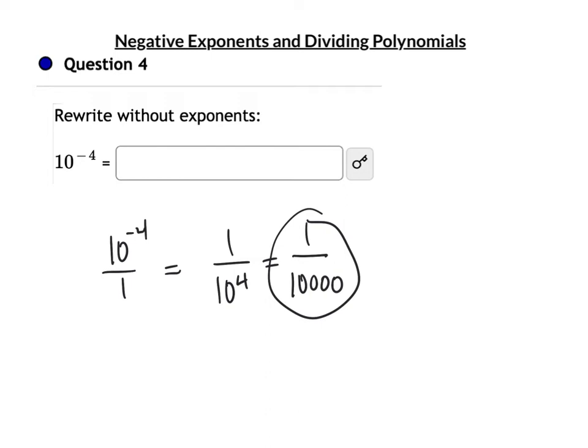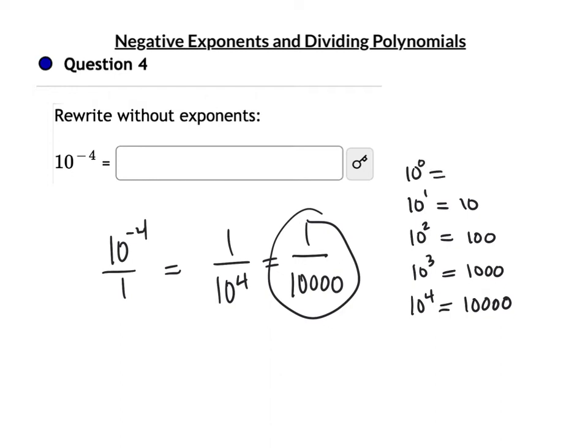Let's point out that 10 to the first power is 10. 10 to the second power, 10 times 10 is 100. 10 to the third power is 10 times 10 times 10. It's 1,000. 10 to the fourth power we just did was 10,000, a 1 with 4 zeros, right? 10 to the 0th power, there's a pattern here. Anything to the 0th power turns out to be 1. Look at that pattern.